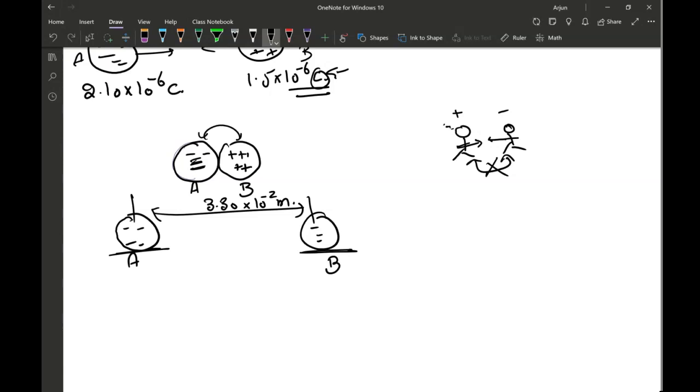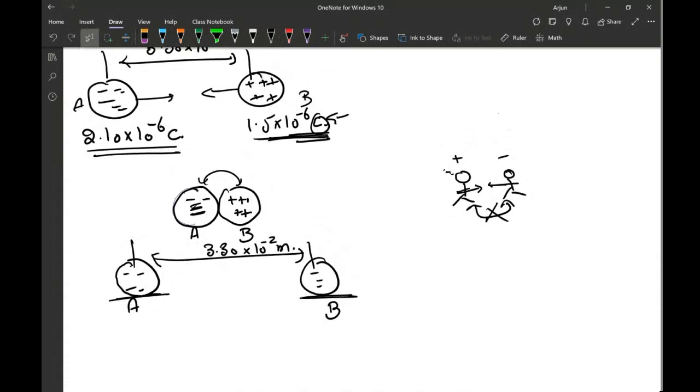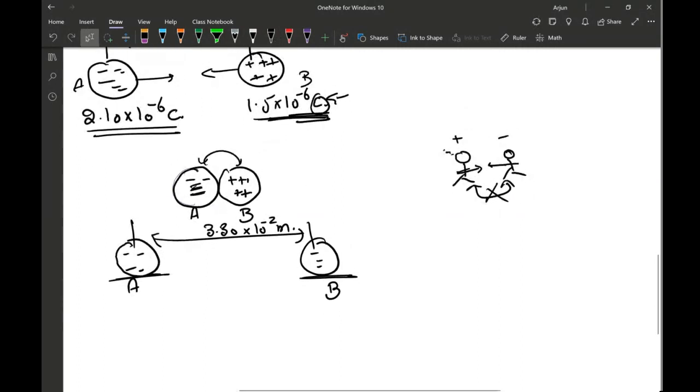This negative army, how many did it have? Negative had 2.1 times 10 to the negative 6 personnel, and the positive had 1.5 times 10 raised to the power negative 6 personnel. So which army will win? Obviously the one which has more. This one is more compared to this one.